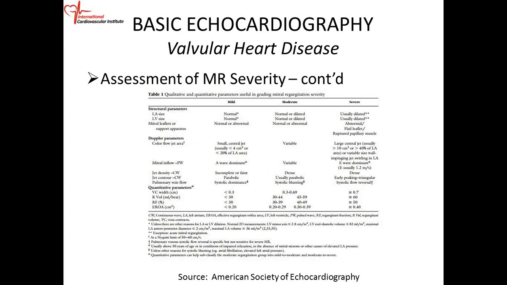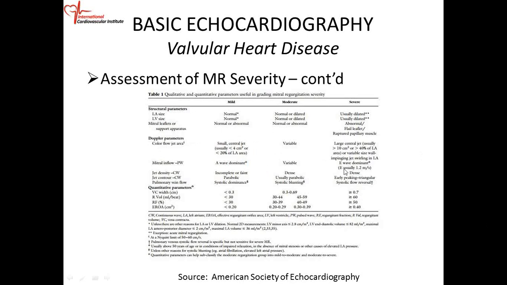So the E velocity, which is a measure of the left atrial volume, is going to be tremendous. So the E velocity usually is greater than 1.2 because there's a lot of blood in the left atrium. So this is a quick tip off. If the E velocity is less than 1.2 meters per second, you don't have severe mitral regurgitation.